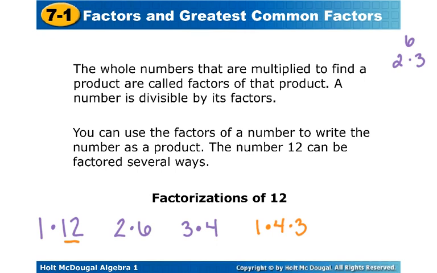And then the 12, I know the product of 4 and 3 does give me 12 again. And then I can also take this one right here and break it down a little further to be 3 times 2 times 2. Okay? And that one actually goes for the 2 times 6 as well, because it would give you the same exact product. So when that happens, they're giving you the factorizations, and there's multiple ways.